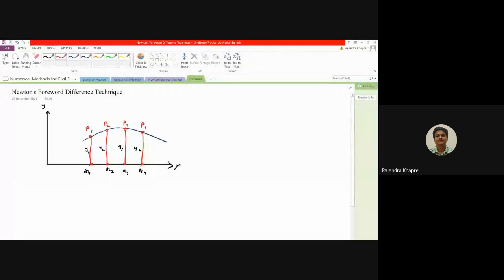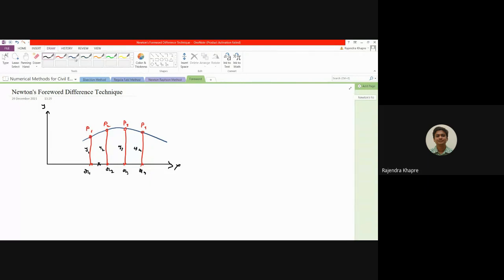So now what do we mean by interpolation? For example, if we want to calculate the value of y at this point, because sometimes we need to find the intermediate values.